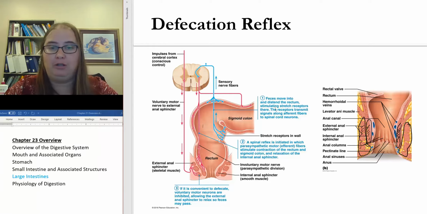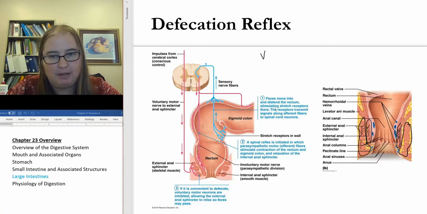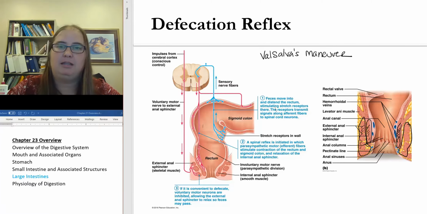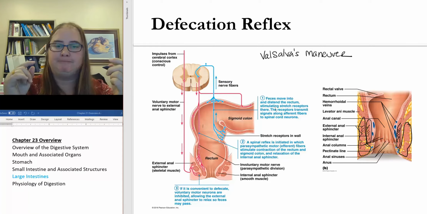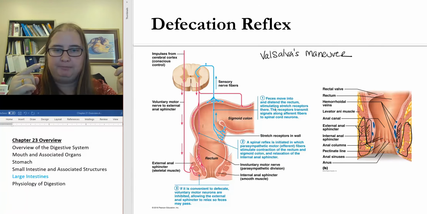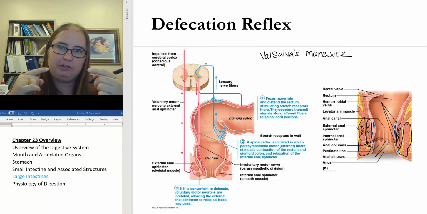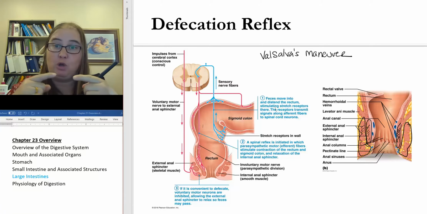Now, in addition to this defecation reflex, you also have something called the Valsalva maneuver, and I think that's how it's spelled. This is the kind of reflexive response that you also get, which we call bearing down.